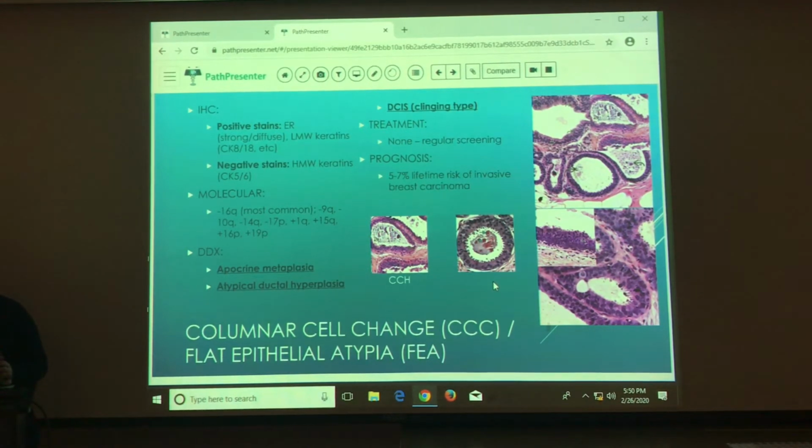If you want to do stains, these are going to be diffusely ER positive, and only low molecular weight keratins. CCC and UDH, which is the more advanced lesion? CCC is more of a reactive change, whereas UDH is a proliferative change.